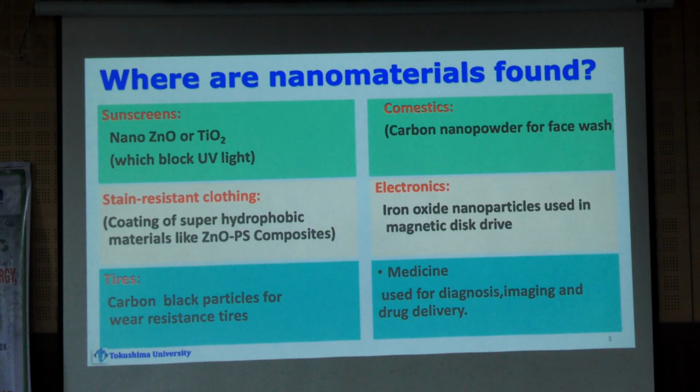So nanomaterial has importance in the real world, and we can use it as a part of devices or things that are really used in our day-to-day life. Not only medicine, but also electronics, cosmetics, tires, the automobile sector, and other applications.